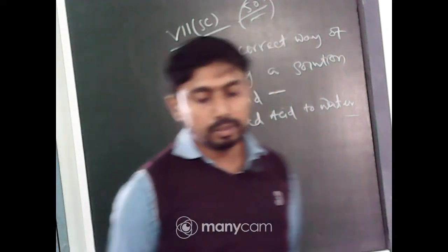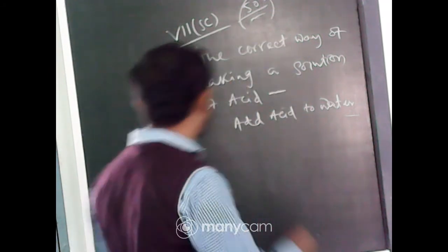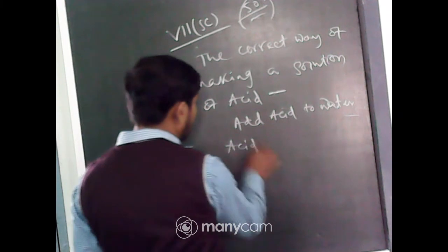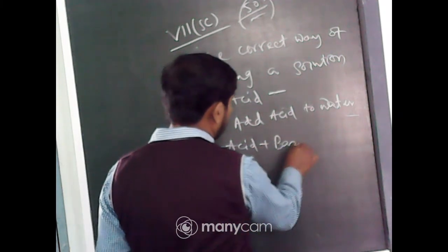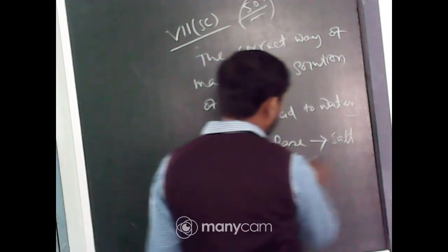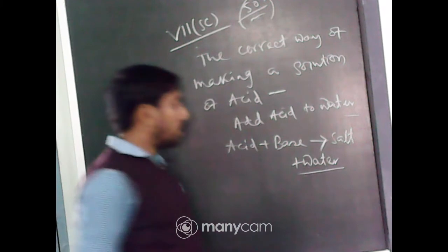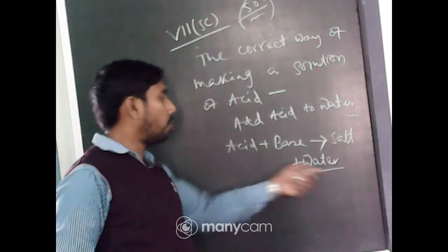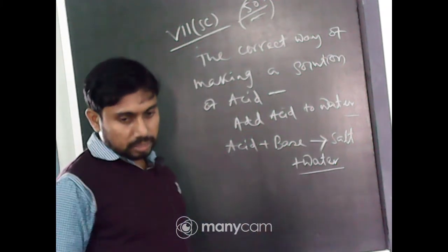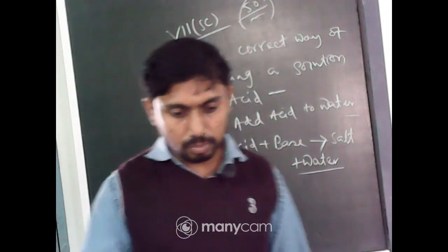You know already, the neutralization reaction is the reaction between acid and base, producing salt and water. Okay. So, this is the general form of the equation. Yes, salt and water. Clear?